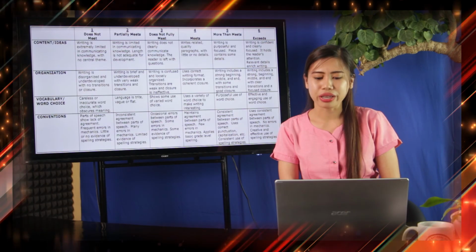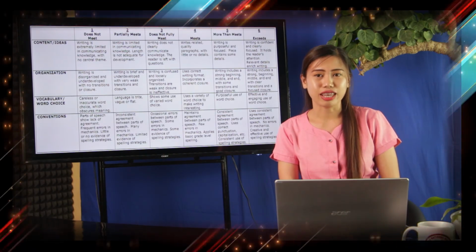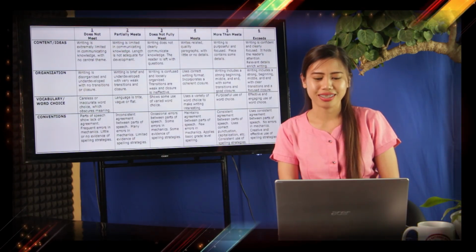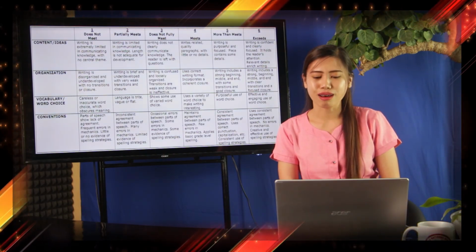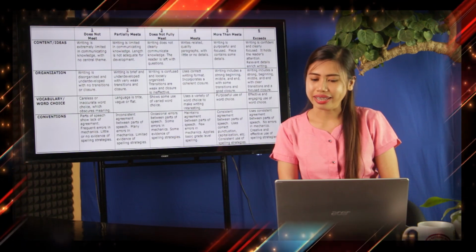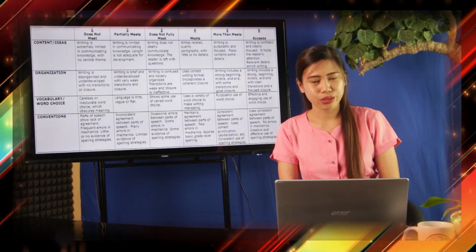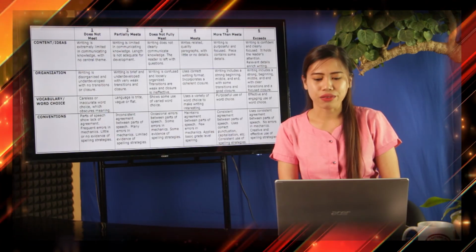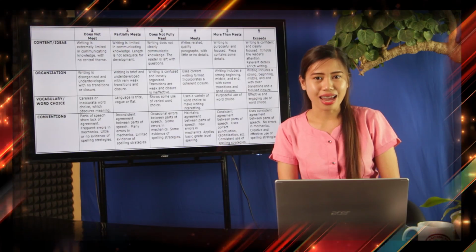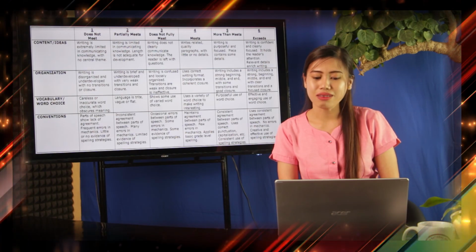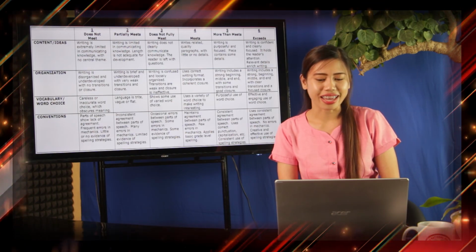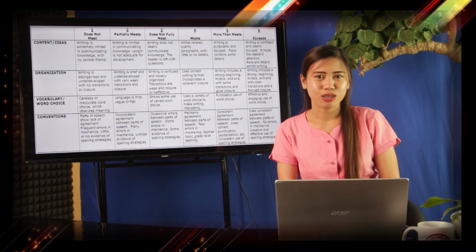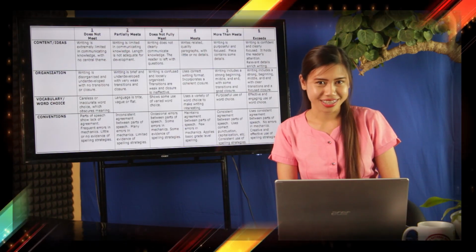This will be the rubric that we will be using in giving a score to your output. The rubric covers the content or ideas, organization, vocabulary or word choice, and conventions. The highest score that we will be giving for each criteria is 6 points.